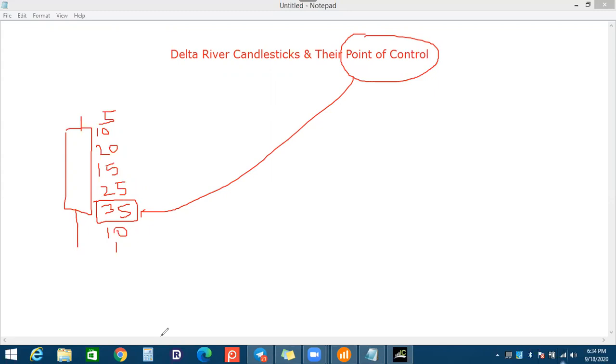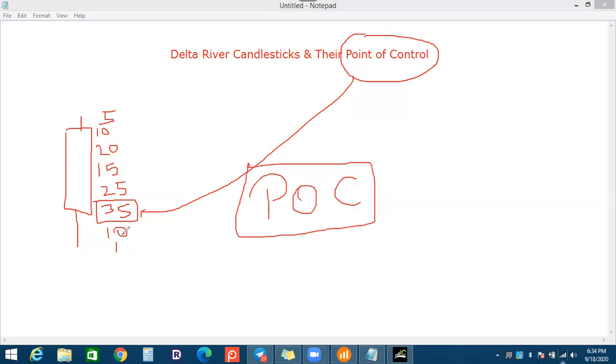In simple letters we can say POC. When I say POC, you understand it's the point of control of this candle. The Delta River gives us point of control information, and we take decisions on the point of control.